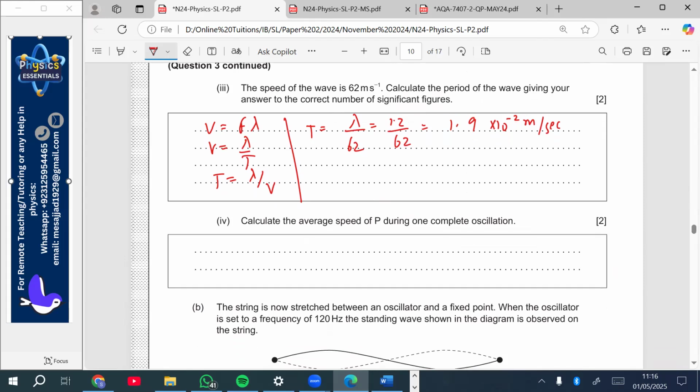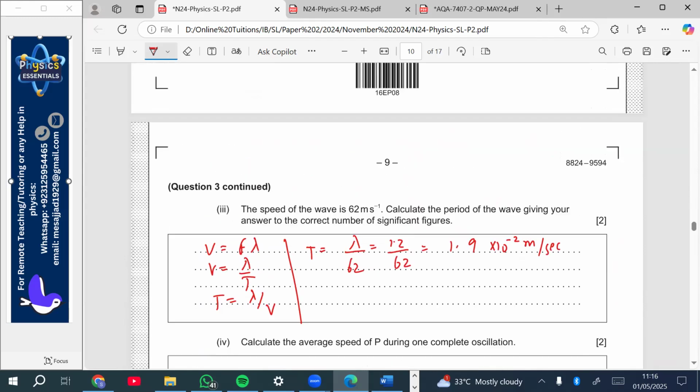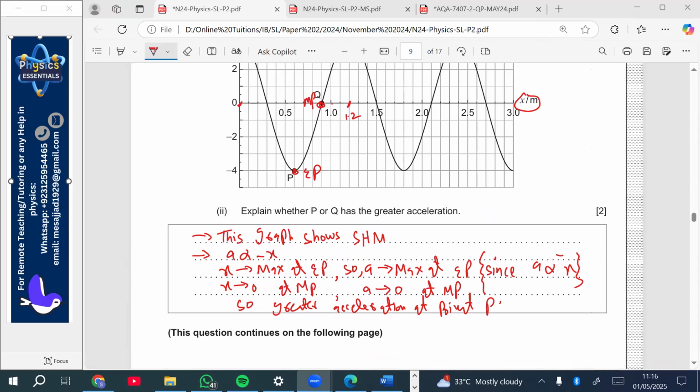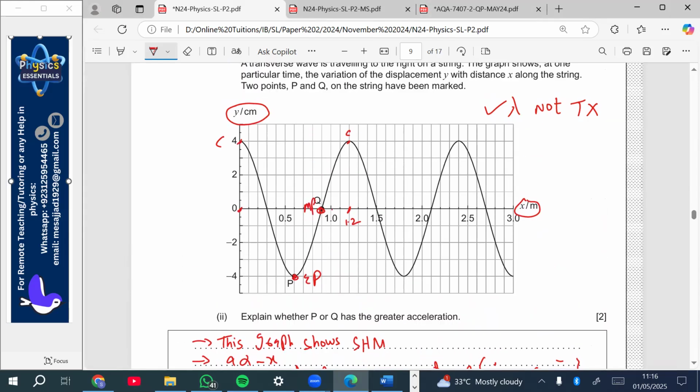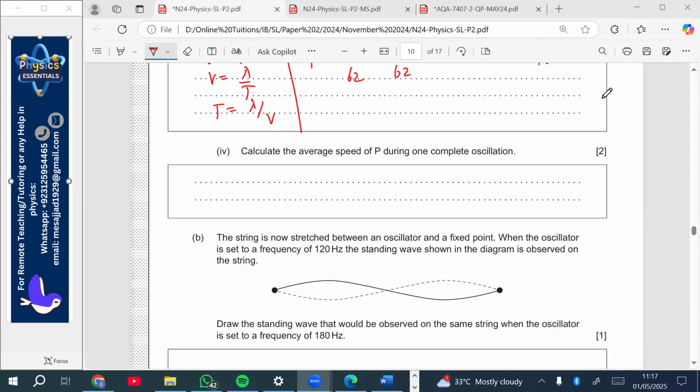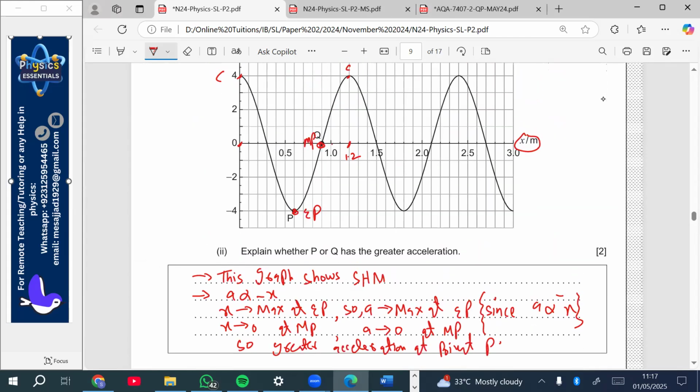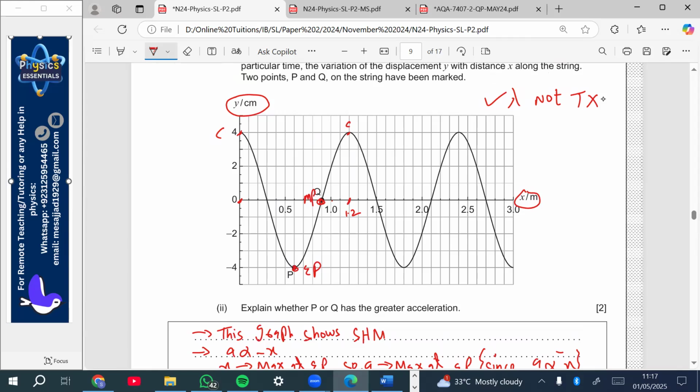Okay. Calculate the average speed of P during one complete oscillation. So for one complete oscillation, you can see that the distance covered is given by this.